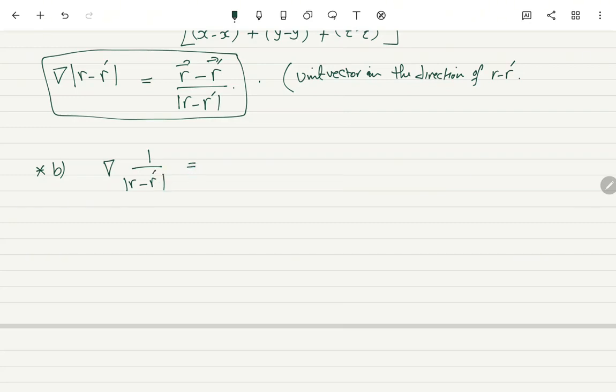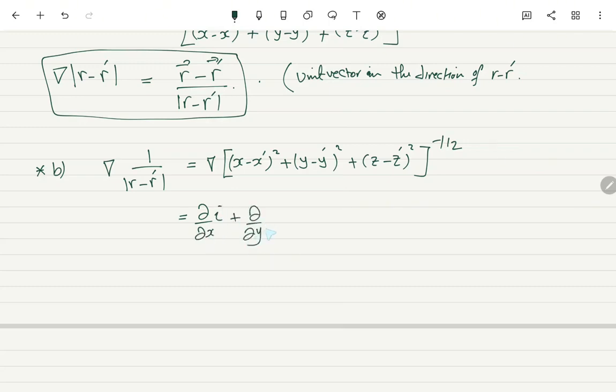This equal to gradient, ((x − x′)² + (y − y′)² + (z − z′)²) all to the power minus half, with partial x i, partial y j, partial z k.